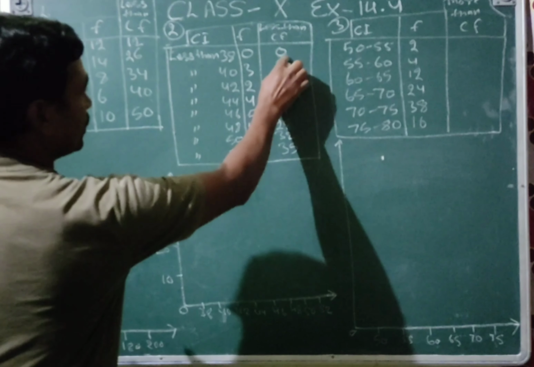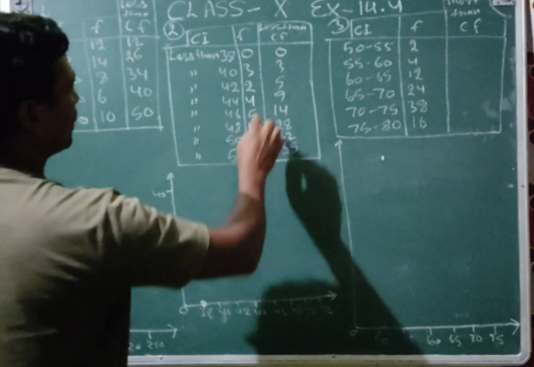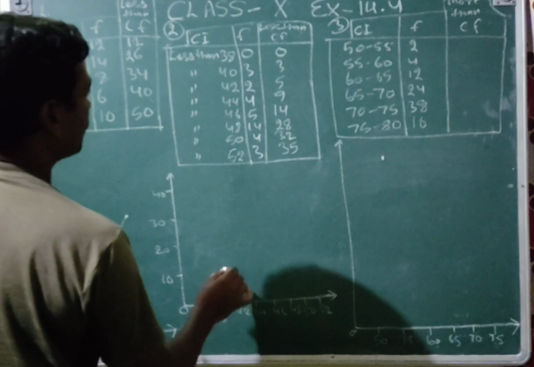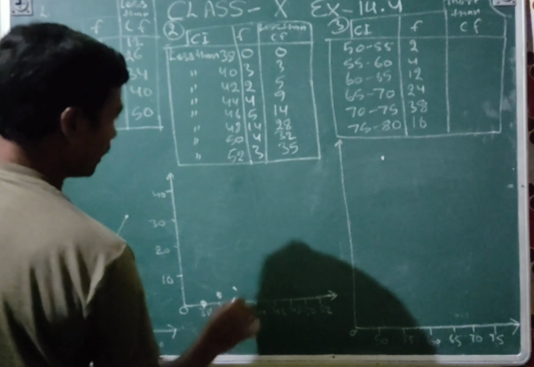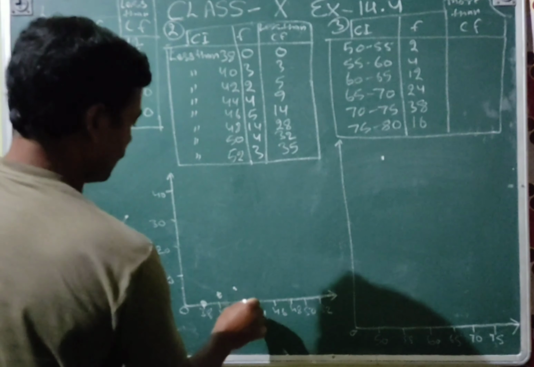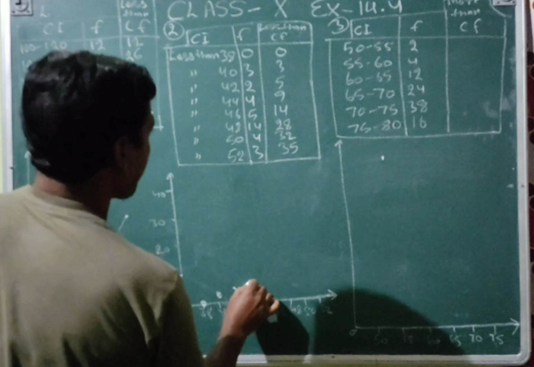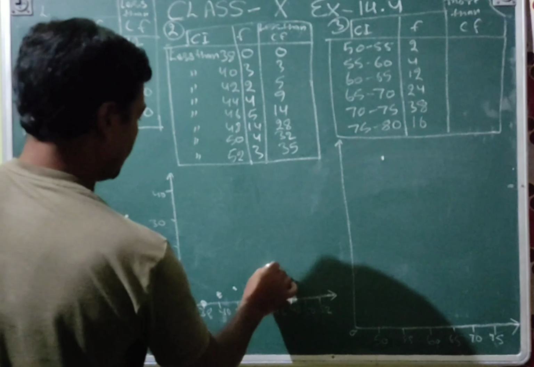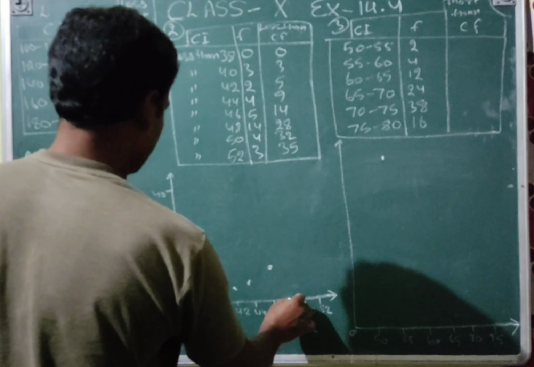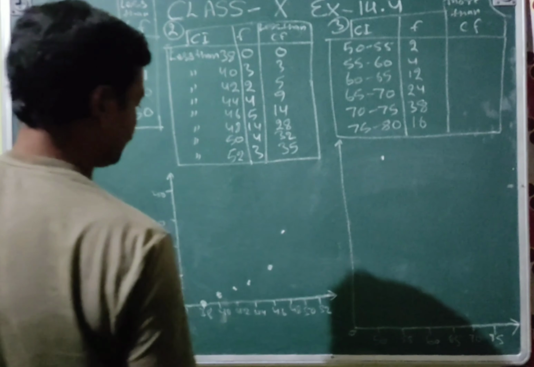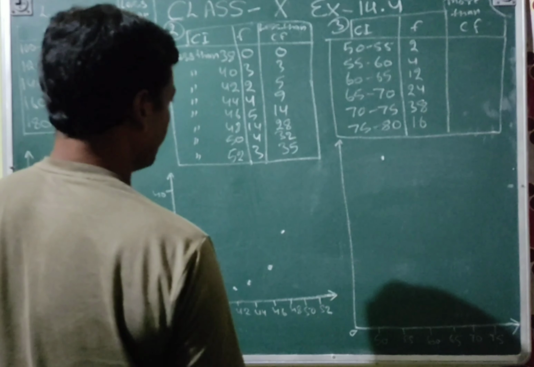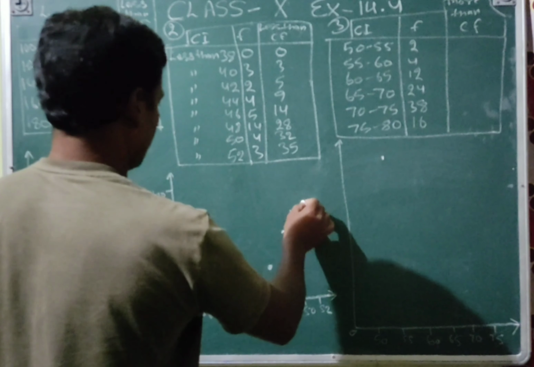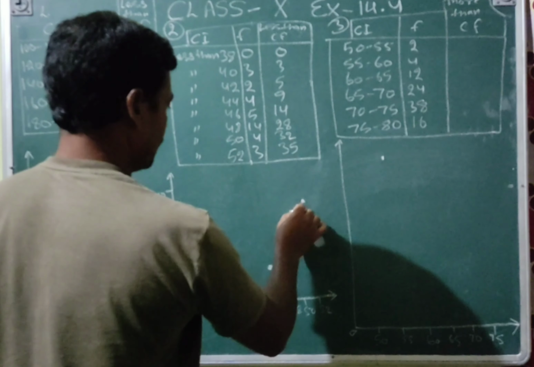First of all 38, 0, and then 40, 3, that will go up to here only, and then 42, 5, it means up to here, and then 44, 9, that will be just less than 10, and then 46, 14, it means up to here, and then 48, 28, 28 means up to here, and then 50, 32, that will be just above 30, and then 52, 35, in the middle of 40 and 30. You join these points.